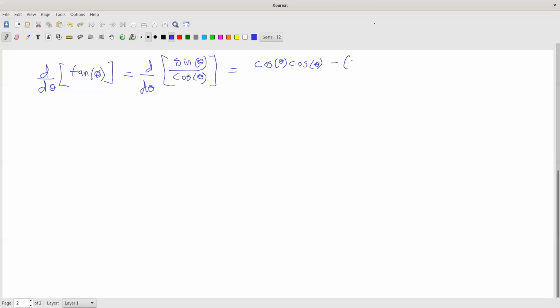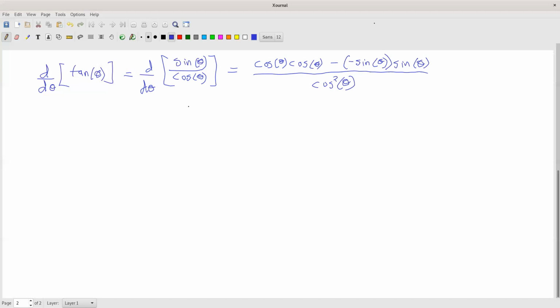So I'm going to get a negative sign here, which is kind of nice. Negative times a negative is a positive, times the numerator, which is the sine of theta. And all of that is divided by the denominator squared. So cosine squared theta. That's what the quotient rule tells us right away.